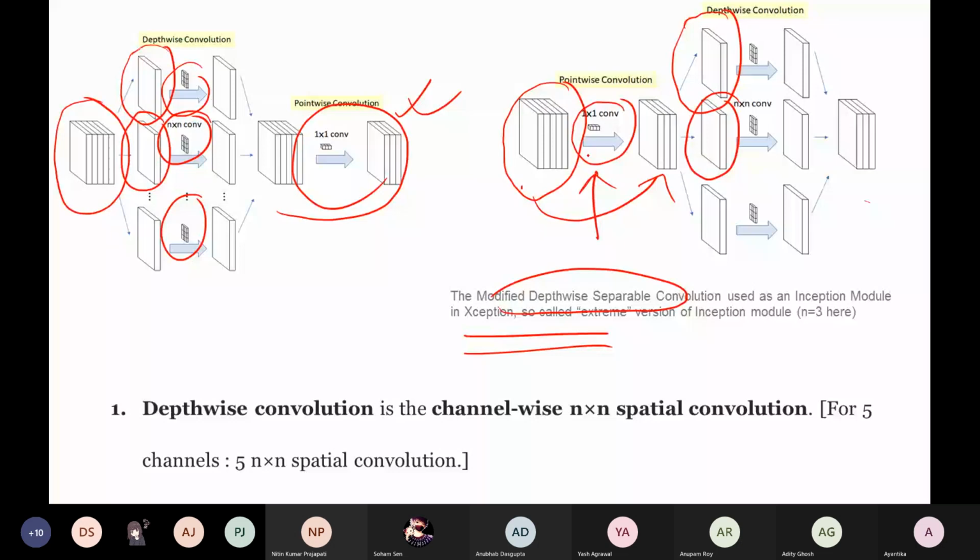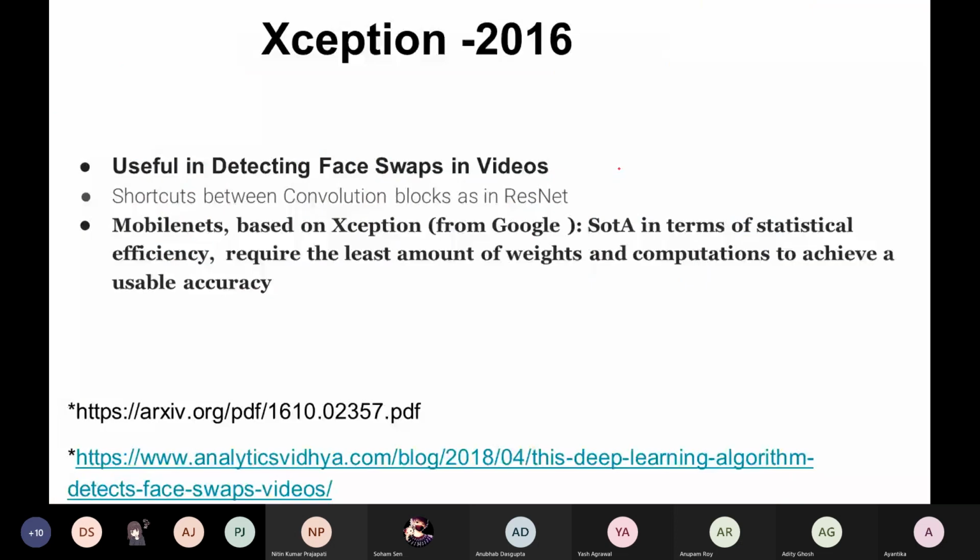Then you are going for this n cross n convolution. This is one modification that proved to be effective in some scenarios, like detecting face swaps in videos, and some other related video-processing CNNs.